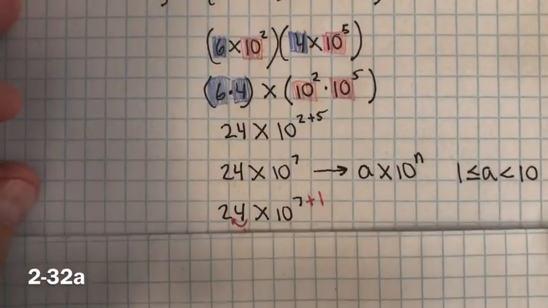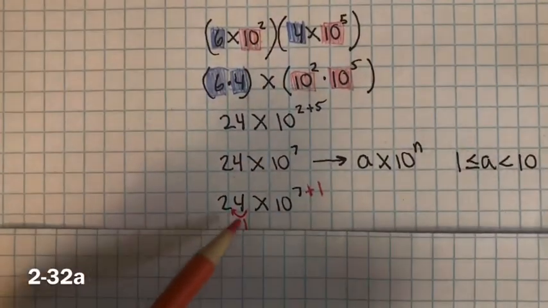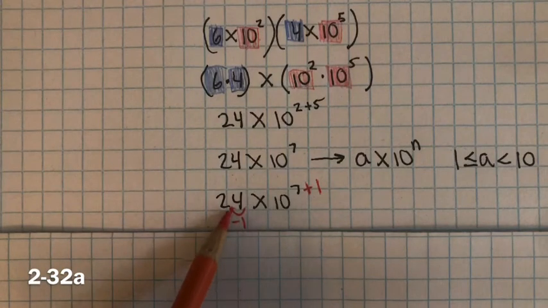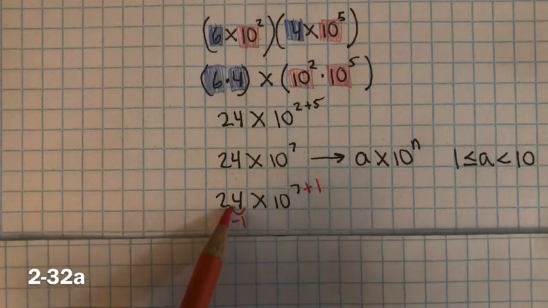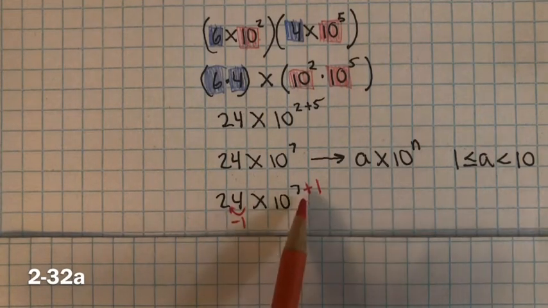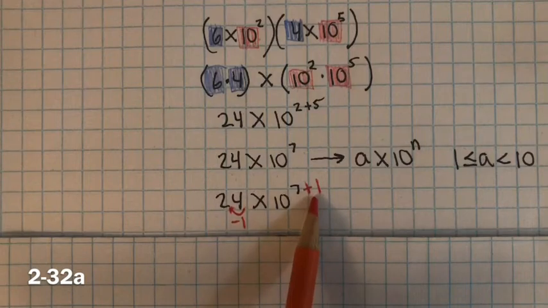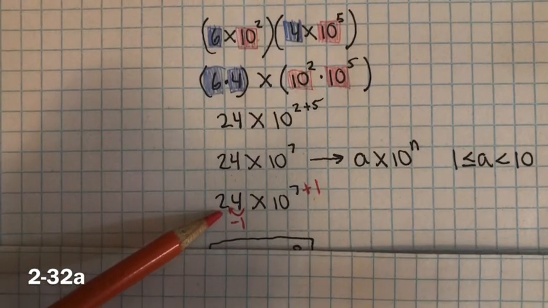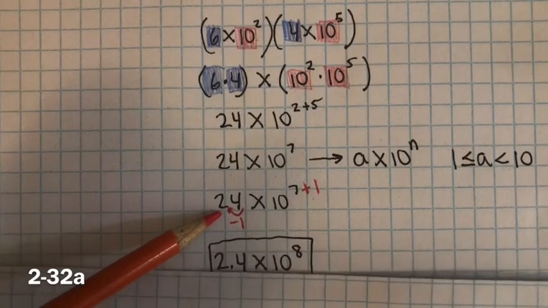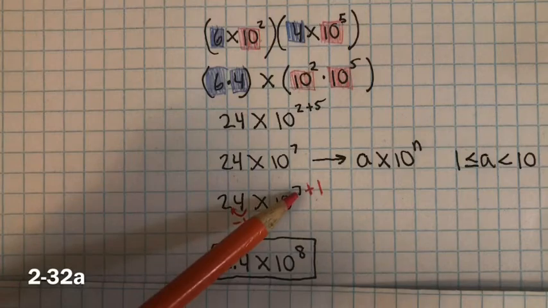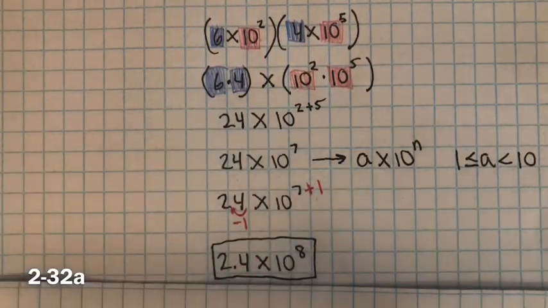We do that by dividing it by 10, and that will move the decimal to the left one place value. But if you divide this side by 10, you're going to have to multiply this by 10. So we're going to add another 10 to this. So 24 becomes 2 and 4 tenths. 10 to the 7th plus 1 is 10 to the 8th.